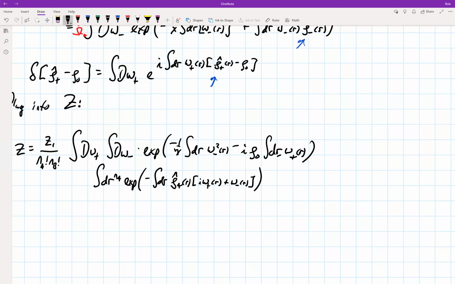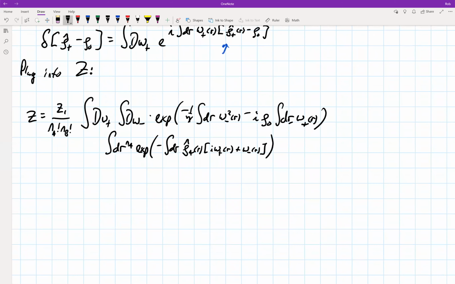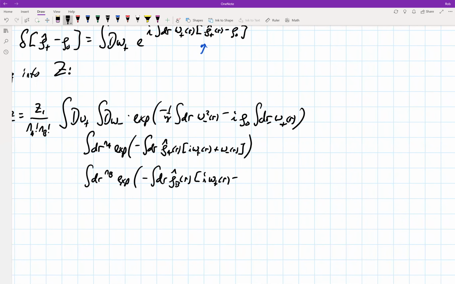And that's everything that depends on rho hat A. And again, the plus W- comes about because rho A multiplies the W- here. And then this is also still going to be multiplied by dNB exponential minus dr rho hat B of r iW+ of r, right? So W+ shows up in the same way, and the only thing that's different is that the sign on W- flips. And all of this is still inside this horrific integral.